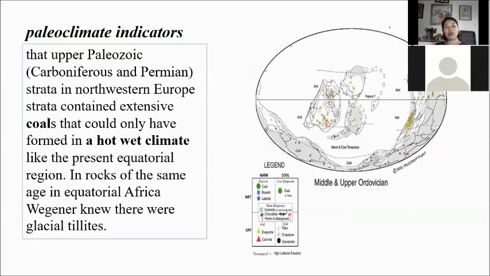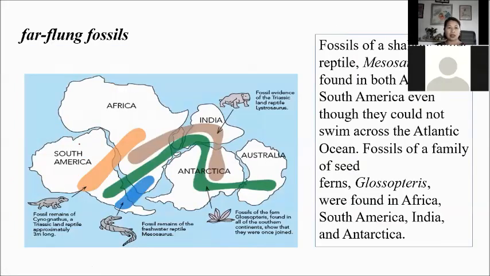So the Upper Paleozoic strata in northwestern Europe contain extensive folds that could only have formed in a hot, wet climate, like the present equatorial region. So in rocks of the same age in equatorial Africa, Wegener knew there were glacial tillites. Okay, so here ang another evidence.